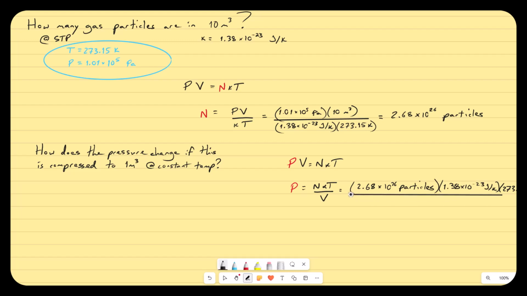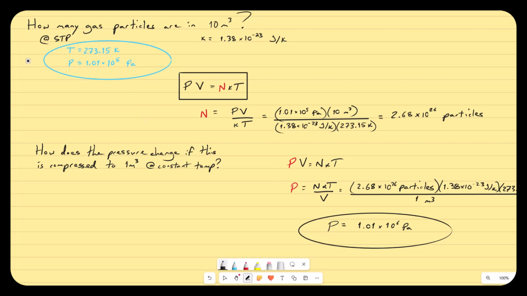And I'm going to divide now by 1 cubic meter, and what I get is 1.01 times 10 to the 6th pascals, which is what I thought it should be, right? I'm decreasing my volume by a factor of 10. I should be increasing my pressure by a factor of 10. But that's all I'm doing with this. I am using my ideal gas law.